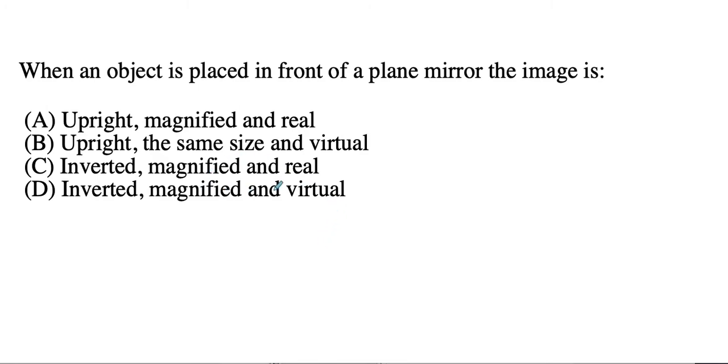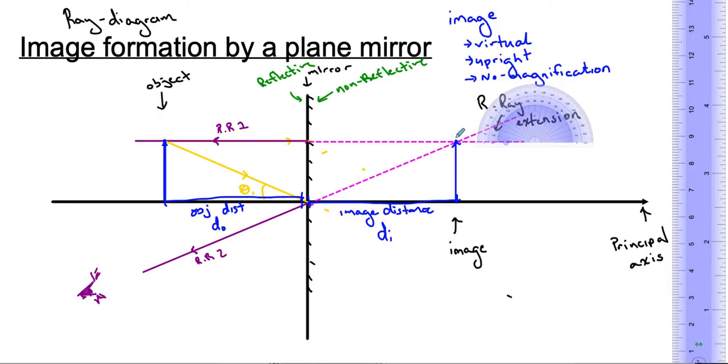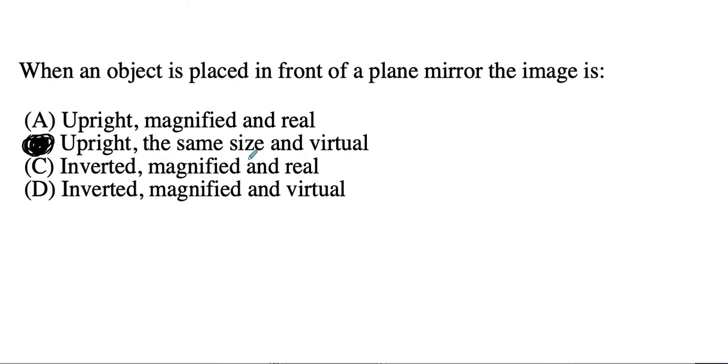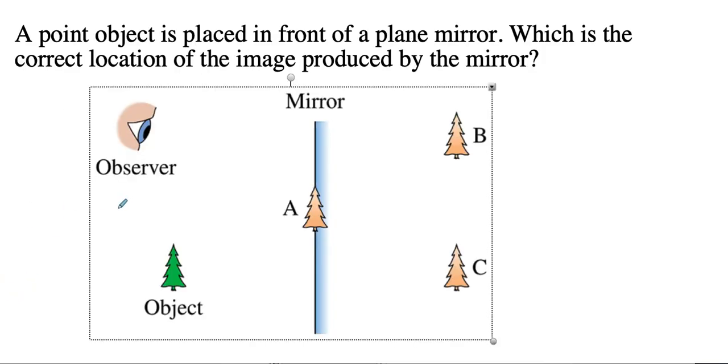All right, and the answer is the image is upright, same size, and it is virtual. So if we go back again, it's on the other side, virtual, it's upright, same orientation, there's no magnification. It's the same size.